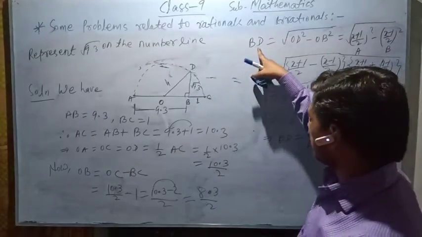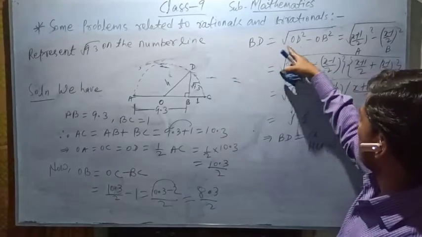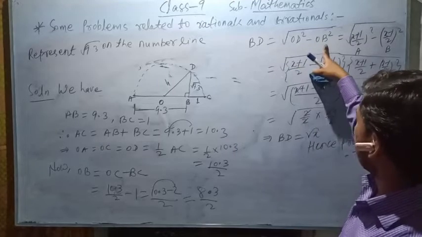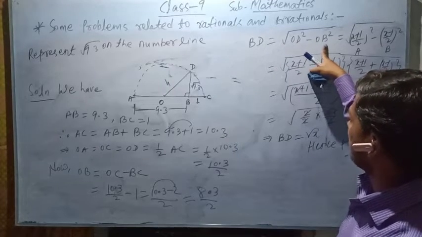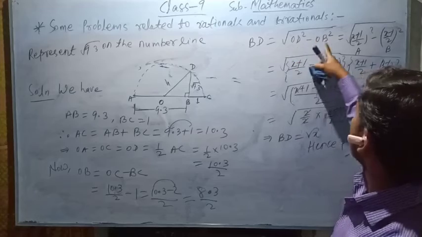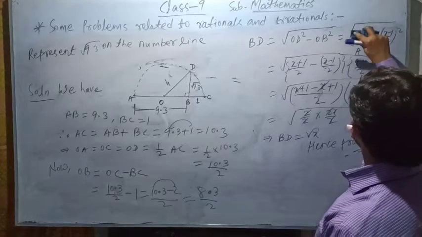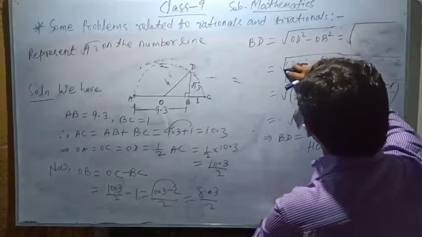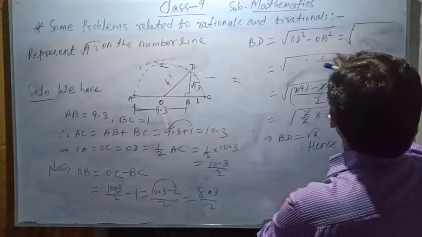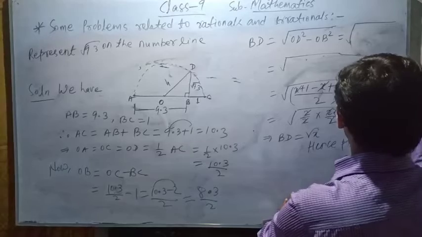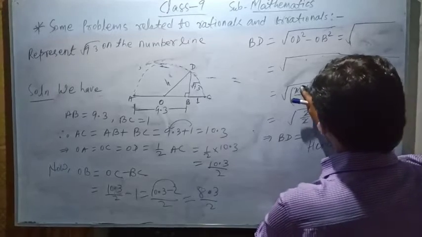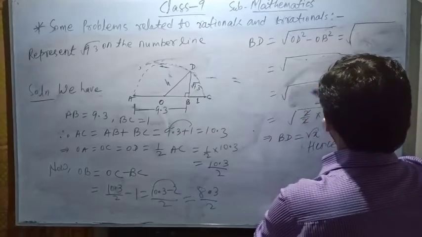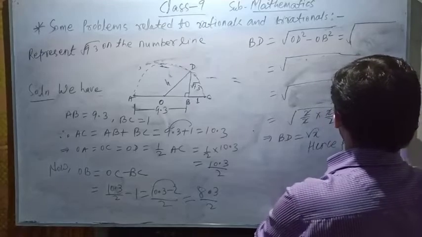Similarly, BD is equal to under root OD square minus OB square using Pythagoras theorem. We only have to replace x with 9.3.